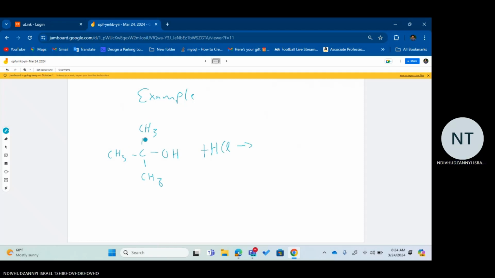Let me just for reminder, we know that it's a tertiary alcohol because the C atom bonded to OH is between 3 other C atoms, right? So in our case, we're still applying the same thing. The OH will be replaced by Cl and the Cl will replace the OH.